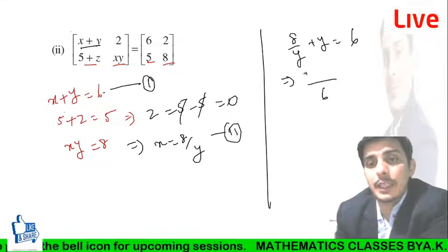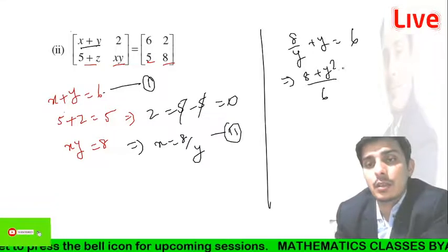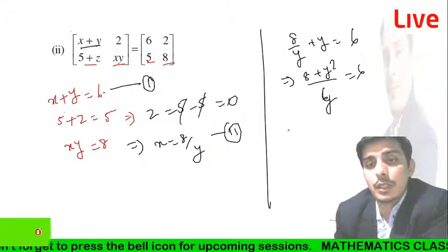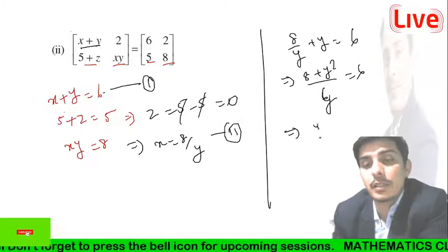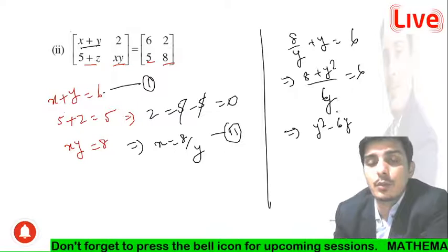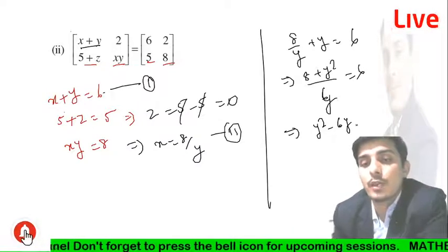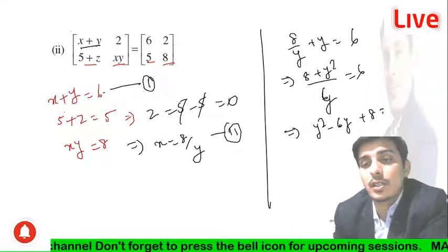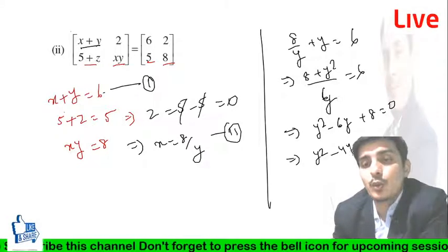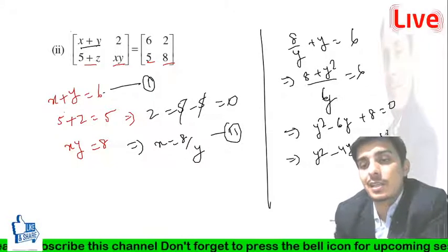After taking the LCM it will be 8 plus y square, equal to 6y, and after cross multiplication, when we send this term to the other side, it will be y square minus 6y plus 8 is equal to 0. We can write y square minus 4y minus 2y plus 8 is equal to 0.